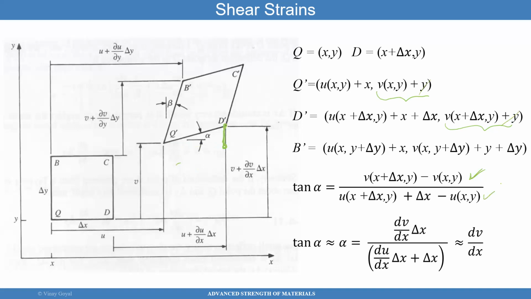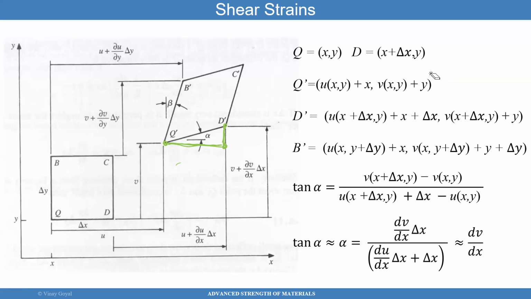In the denominator, I have to figure out this distance, and I find that by subtracting the x coordinates: the x coordinate of that one is this, and the x coordinate of this one is this. I subtract both of them. You can see that x cancels out, and that's what I get in the denominator. So that's how I find the tangent of alpha.